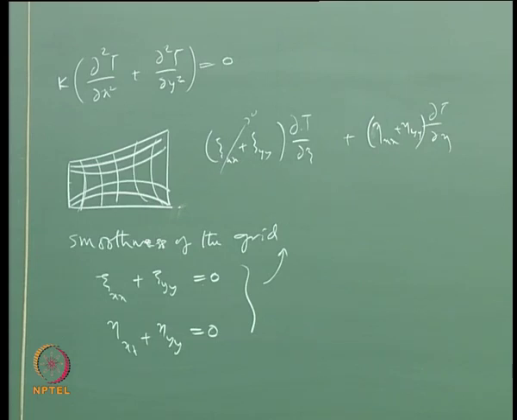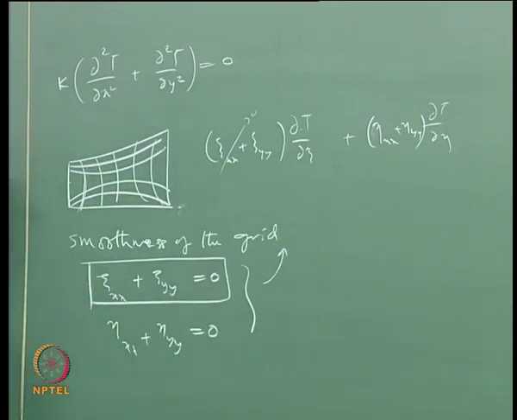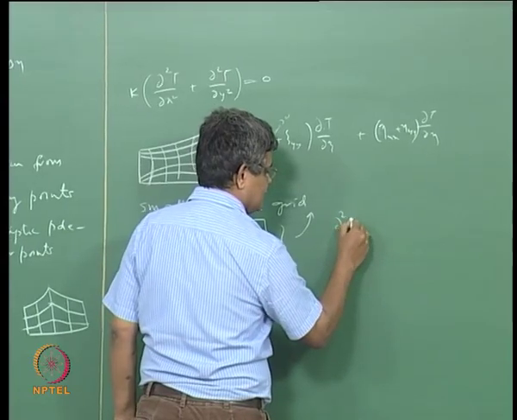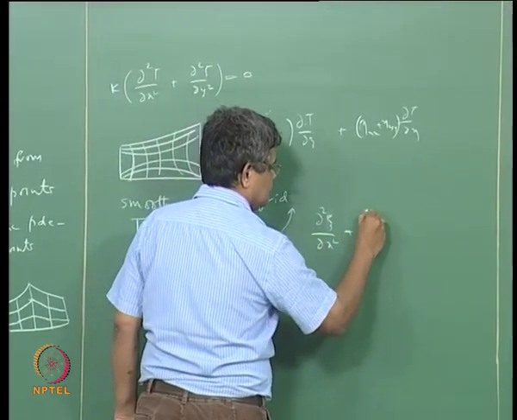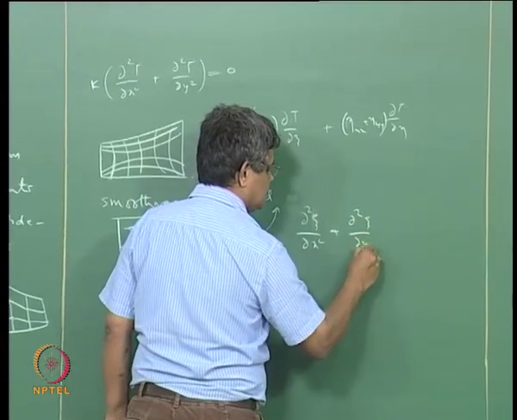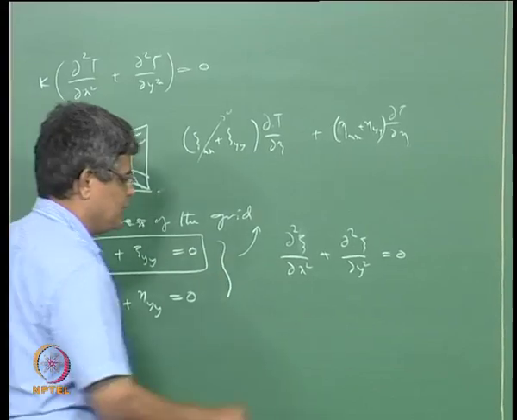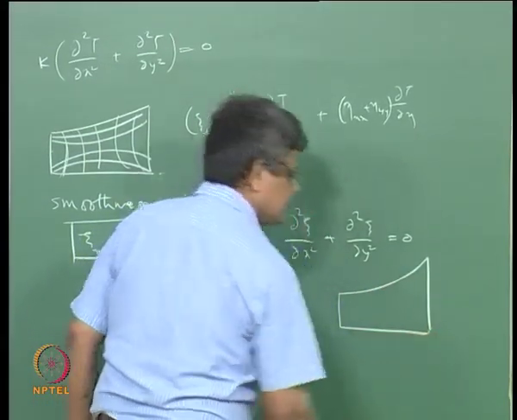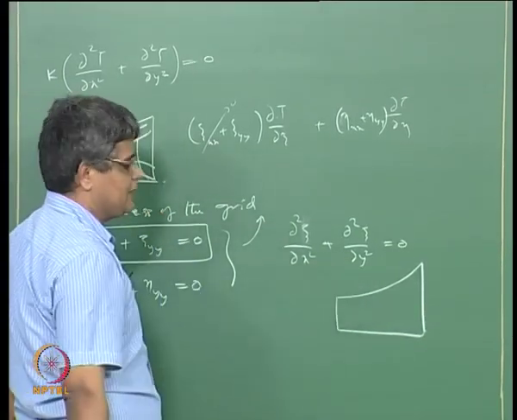Now how can we apply this condition? If we want to solve this partial differential equation of this form, it has to be obeyed on this boundary here, and we can see that this is an elliptic equation.